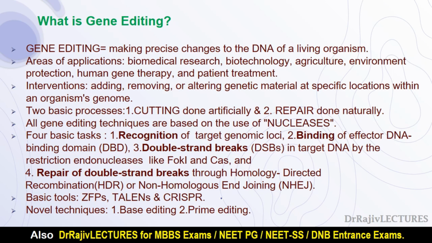The four basic tasks performed in gene editing through programmable nucleases are recognition of target genomic loci, binding of effector DNA binding domain, double strand breaks in target DNA by the restriction endonucleases like FokI and Cas, and repair of double strand breaks through homology directed recombination or non-homologous end joining. Genome editing techniques like CRISPR, TALENs, and ZFNs are now in widespread use to alter specific sequences in genomes of cultured cells.